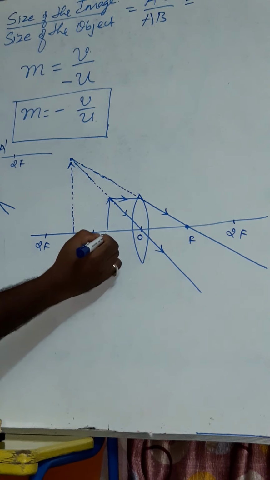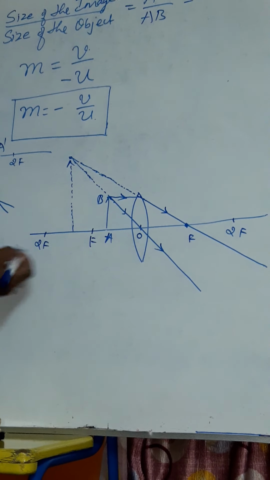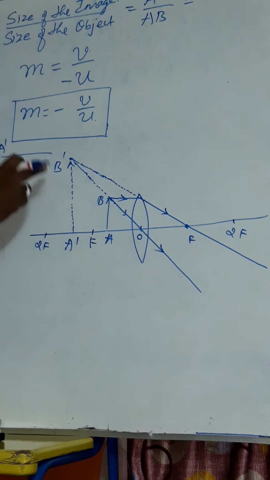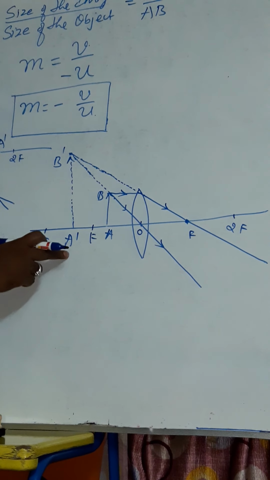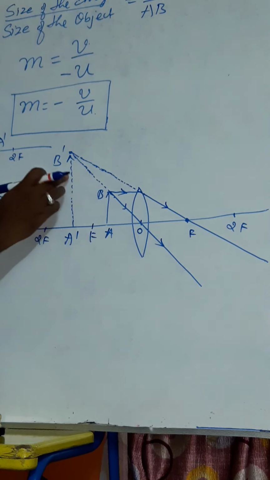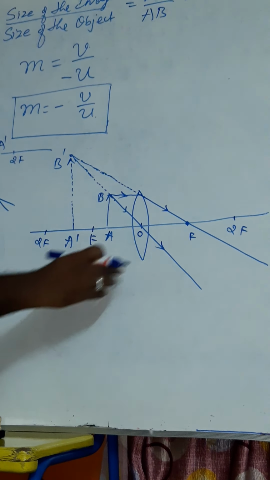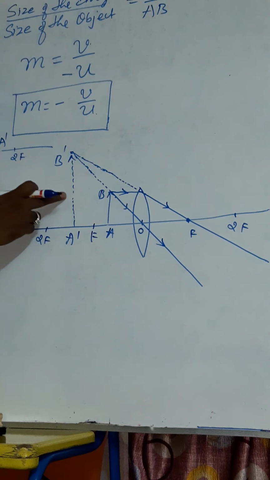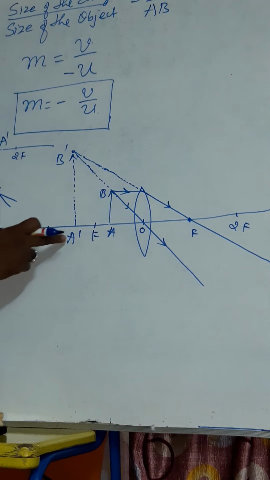AB is the linear object, and A'B' is the linear image. But this image is not real, it is virtual, because the refracted rays only appear to diverge from this point. That's why it is a virtual image.